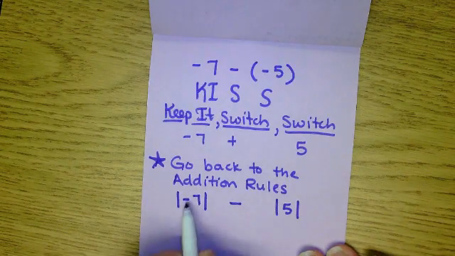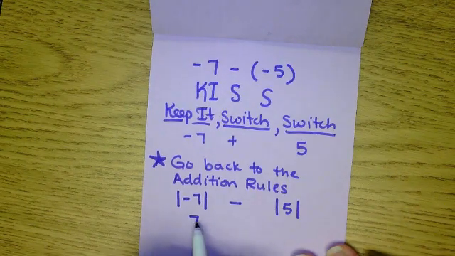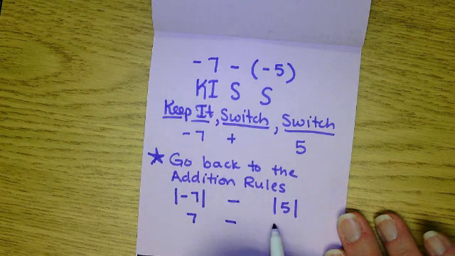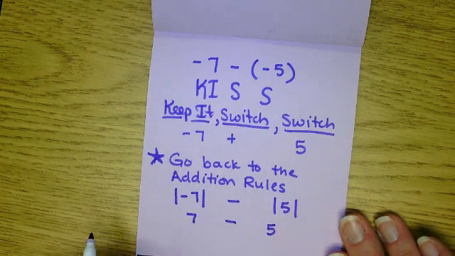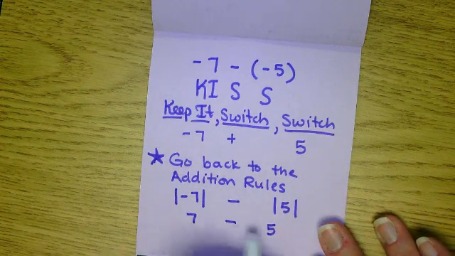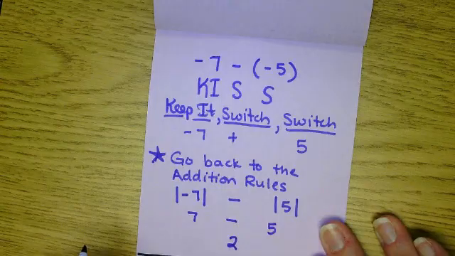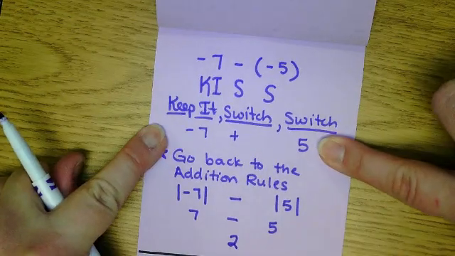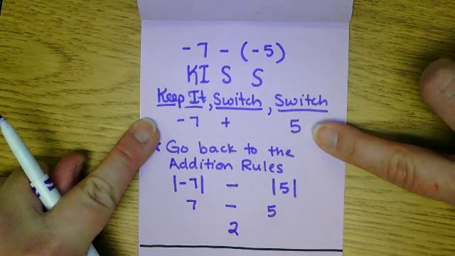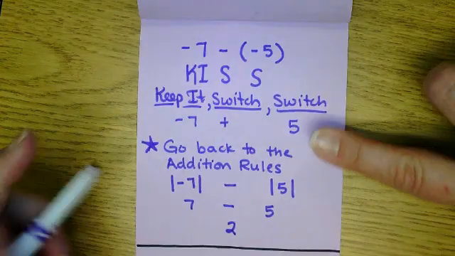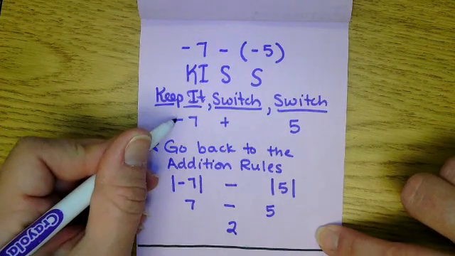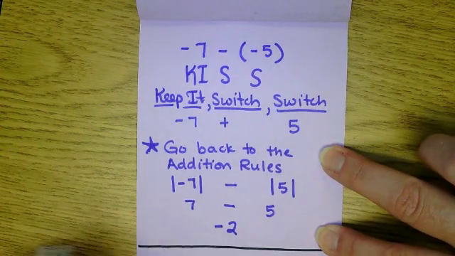So negative 7, the absolute value of negative 7 is 7. We're going to subtract the absolute value of 5, which is 5. 7 minus 5 is 2. And again, going back up here, which value has the larger absolute value? According to that, it should be this negative. So your answer will be negative 2.